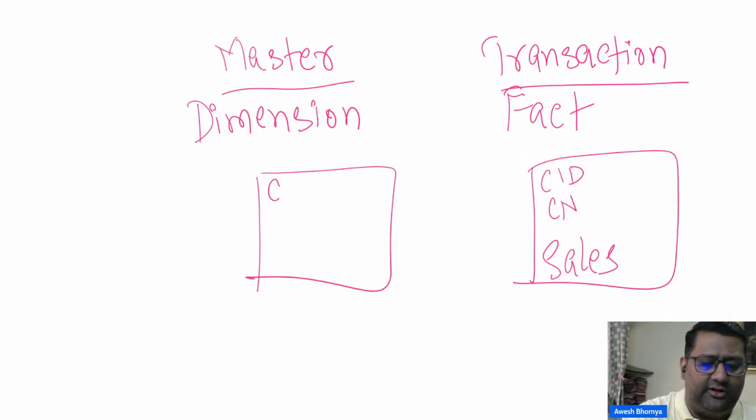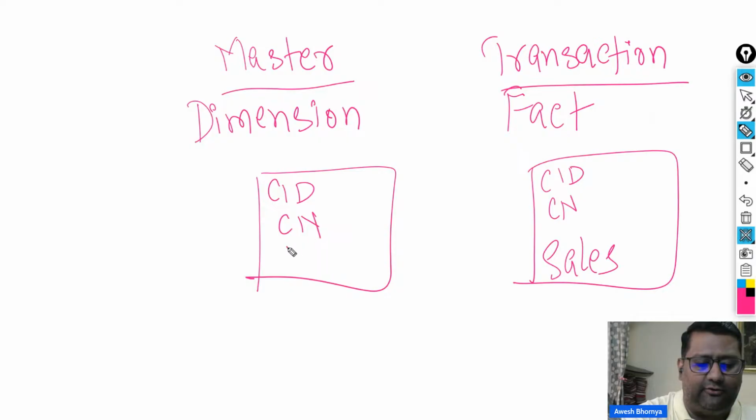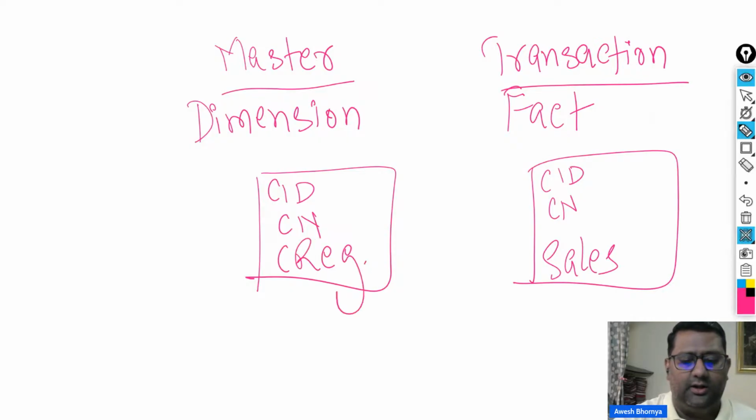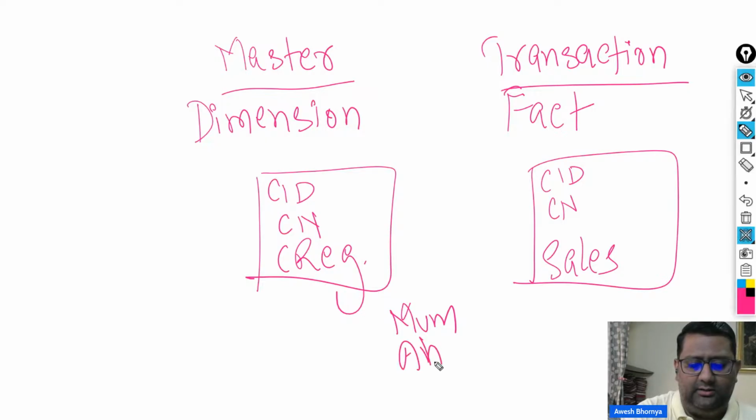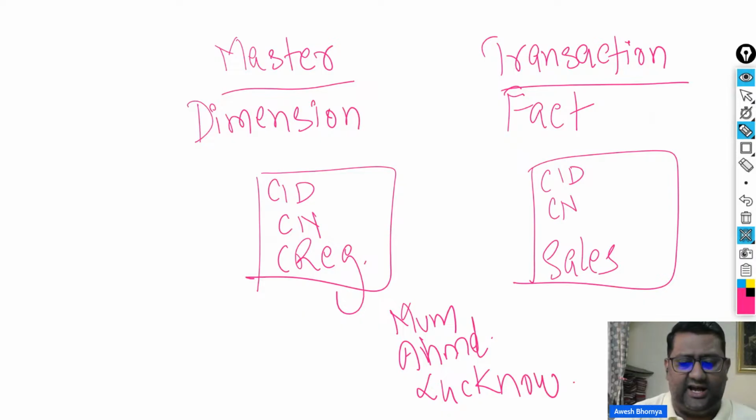In the other table, I've got the customer ID, the customer name, and the customer region. Now, when I want to find out sales by region, so for example, I'm operating a business in 3 different cities, let's say Mumbai, Ahmedabad, and Lucknow. In these 3 cities, I want to see what is the total sales there.